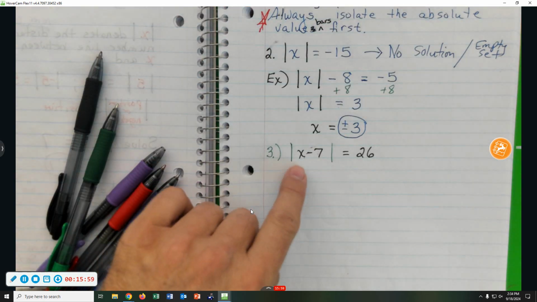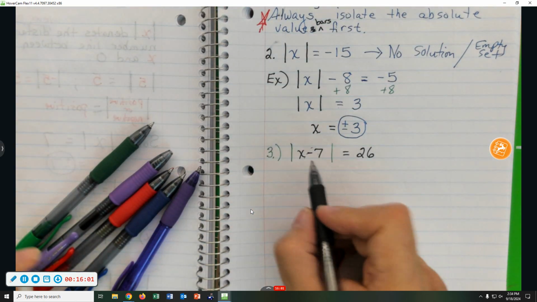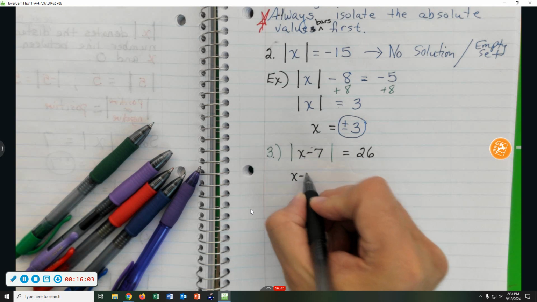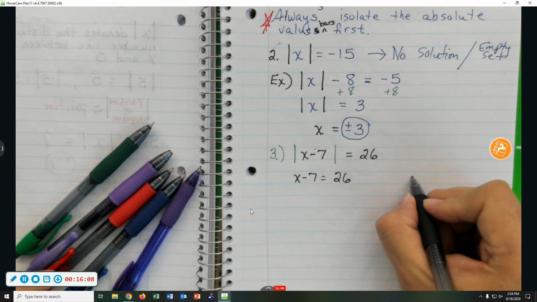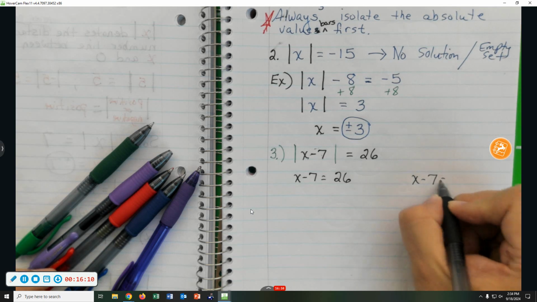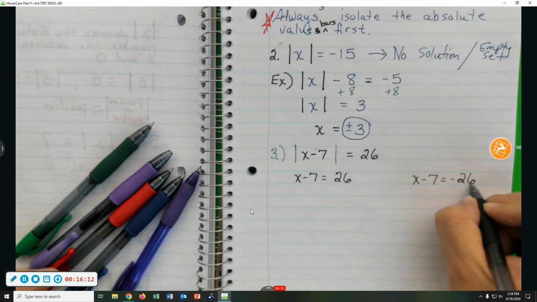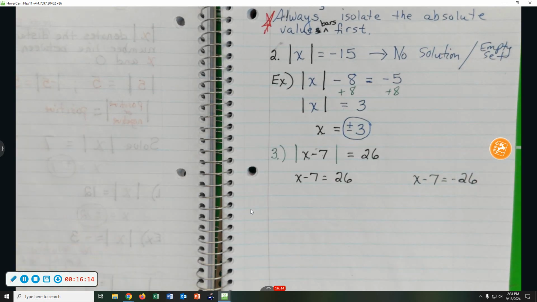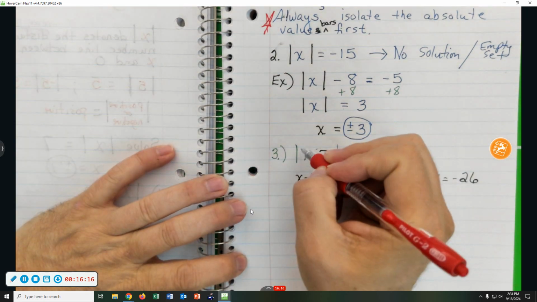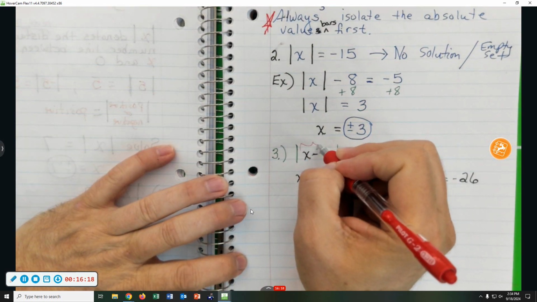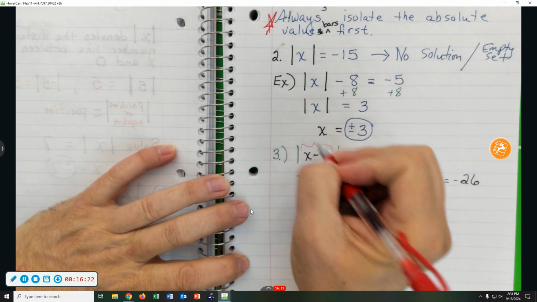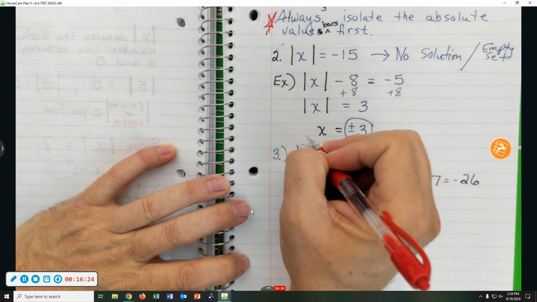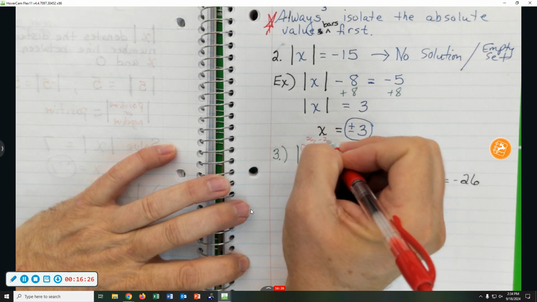So what we're going to do is take what's inside here and set it equal to positive 26 and negative 26. Here's something I like to do. I like to draw my little brace, and I say that that step inside there has to be 26 or negative 26.